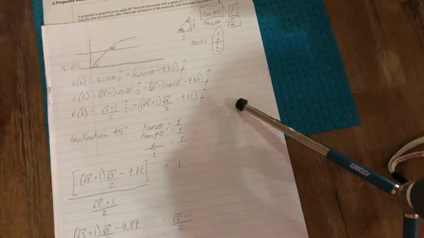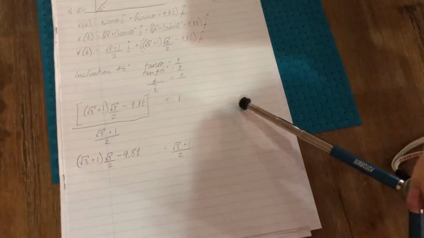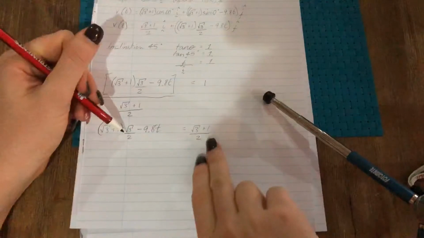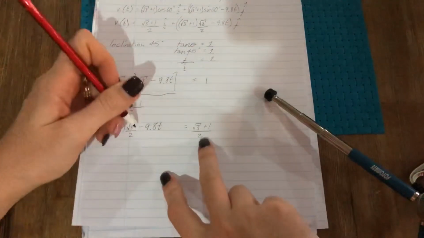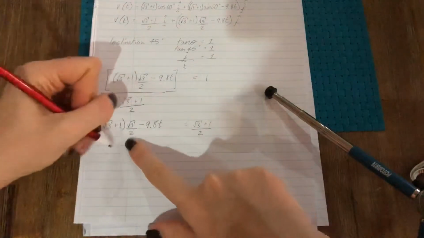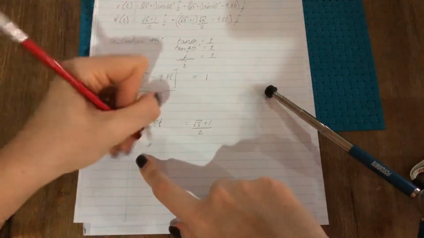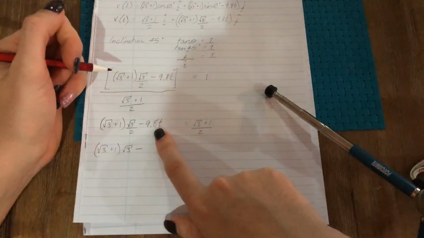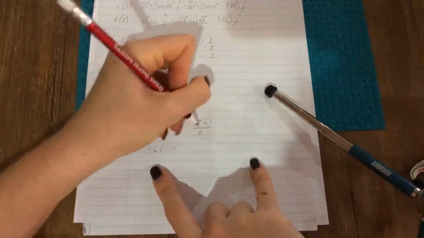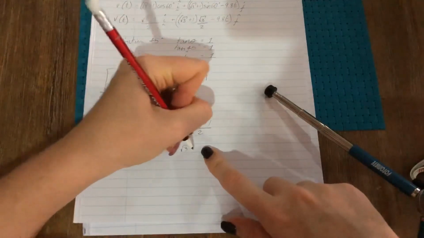I'm going to multiply through by 2 to get rid of these 2's. If I multiply by 2 on this side, that 2 is gone, so I'm left with root 3 plus 1 times root 3 minus 9.8 times 2, which is 19.6 t. And if I multiply by 2 on this side, those 2's cancel, so I've got root 3 plus 1.